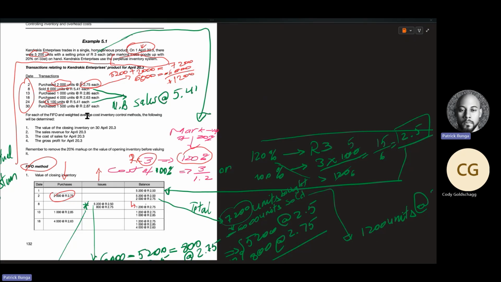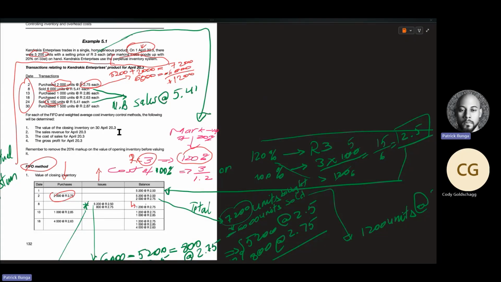So what are we asked to do? For each of the FIFO and weighted average cost inventory control methods, the following will be determined. What they want you to provide is the value of the closing inventory on the 30th of April.